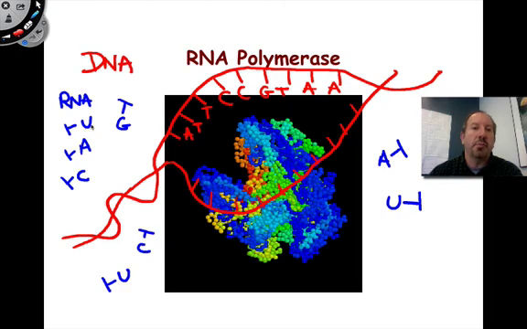So A, if you remember, bonds with thymine in DNA, but since this is RNA, it's going to bond with a U, and then this is going to be an A, and then an A. You see how this is working? And a G. This is what the enzyme is doing, bringing in free-floating RNA nucleotides and polymerizing them together. T binds with A, which is going to bind with U.